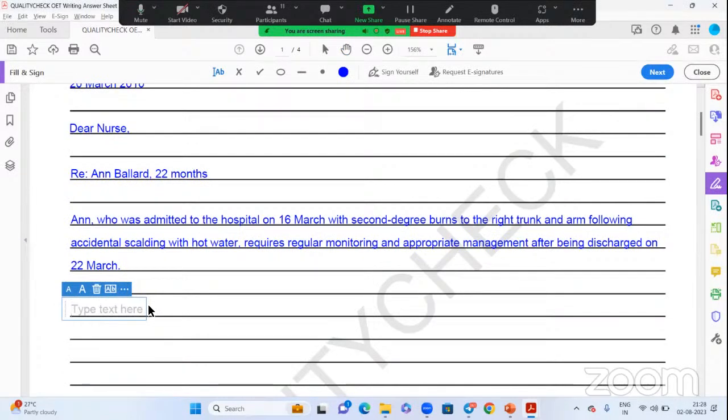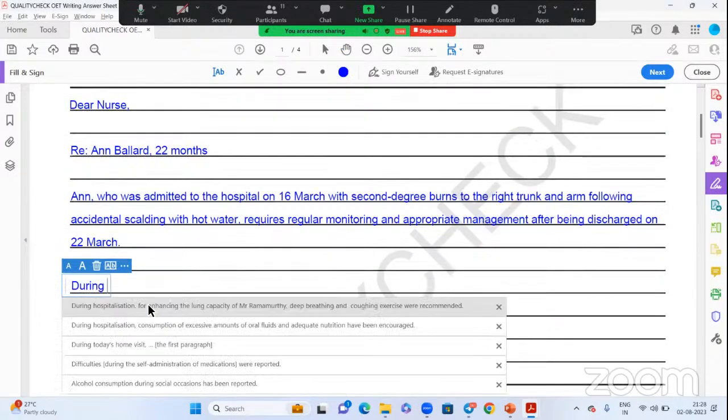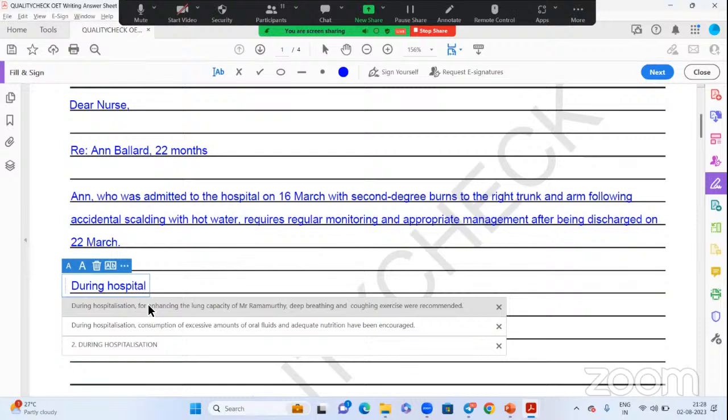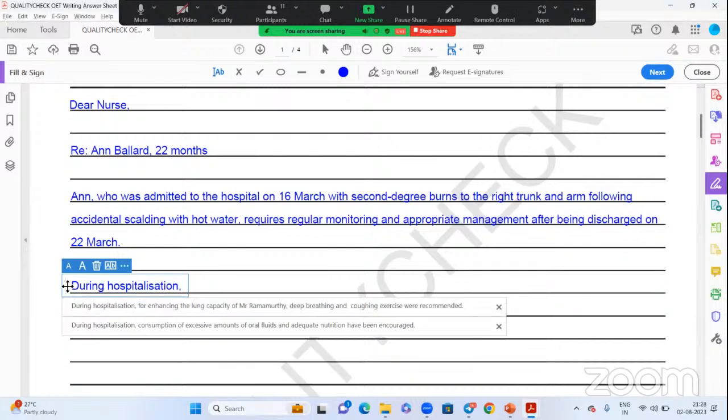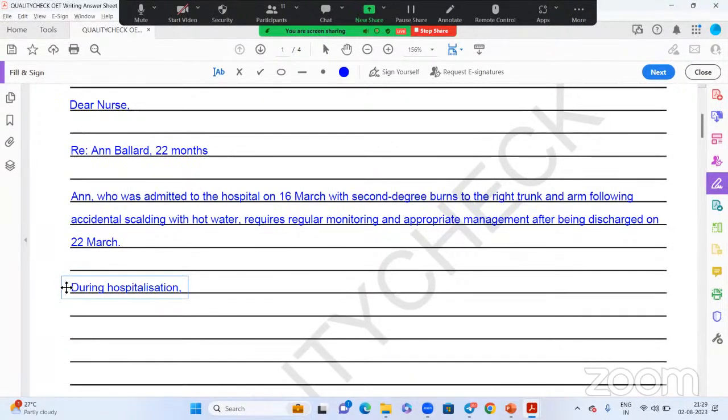During hospitalization, comma. Okay. Now here, this is during hospitalization stage. Write about what happened during the hospitalization here. Okay. During hospitalization, complications were not faced.